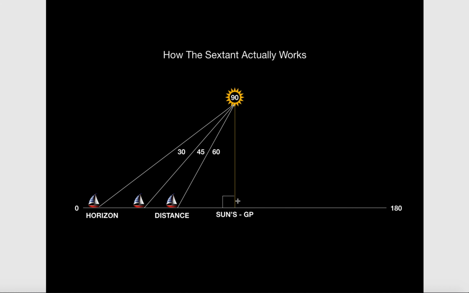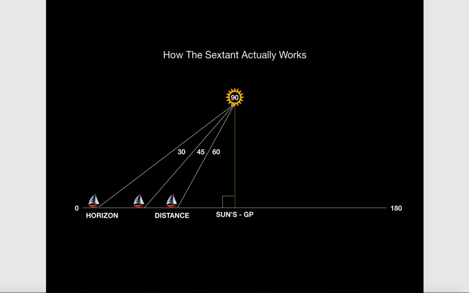For that to happen, that requires an angle, which requires a horizontal line from the boat out to the horizon, and the sun's GP at 90 degrees. So it's a horizontal and a vertical to create the angle, and the almanac will always tell them, due to their angle, exactly where the sun or star they're referencing is and how far they are from it, if they have that angle to it.